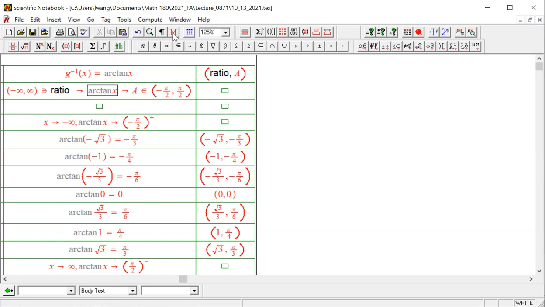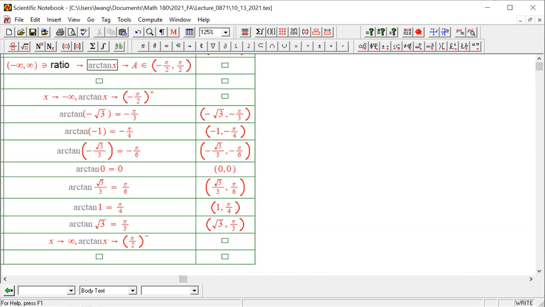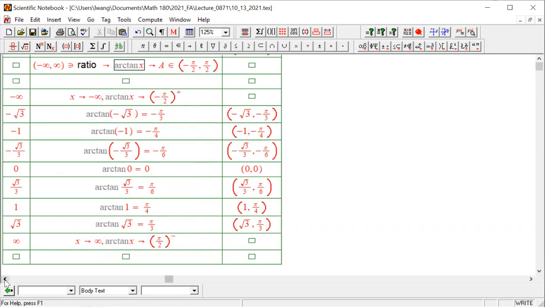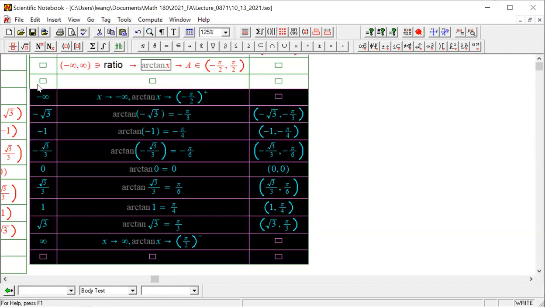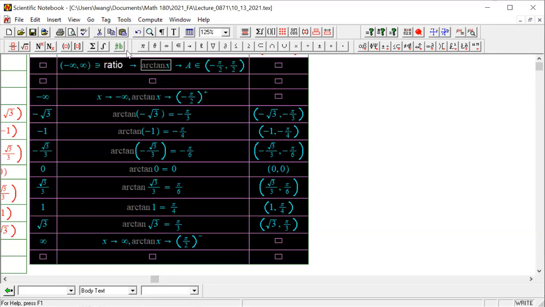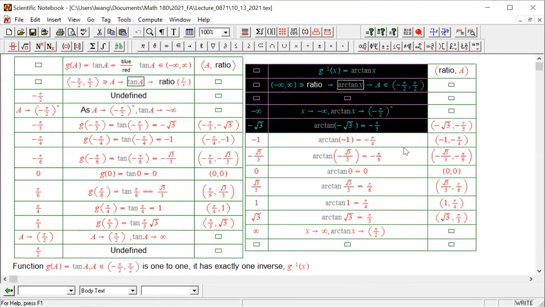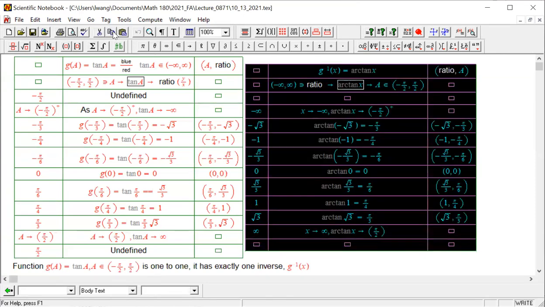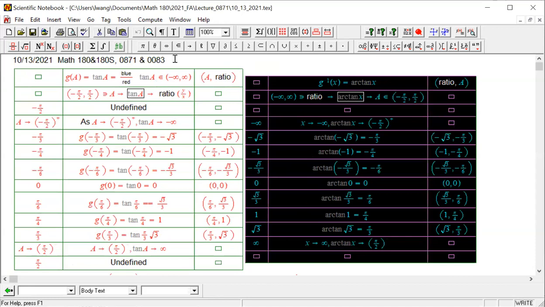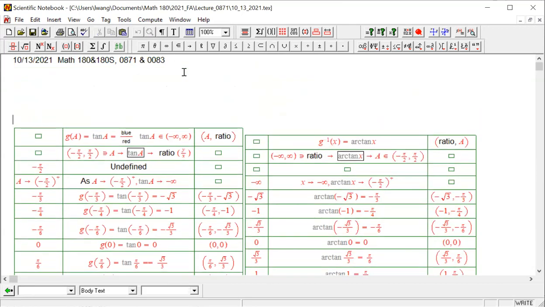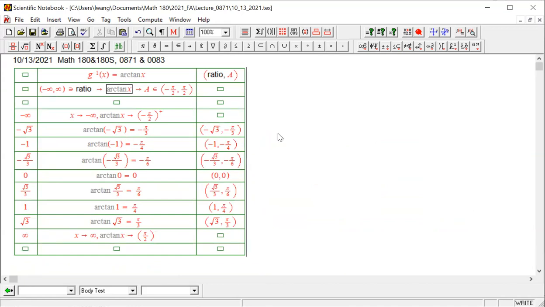Can we draw a description for it? Okay, I'm going to take this table and move it to the top. And we're going to plot points. This time we're plotting the arctangent curve.